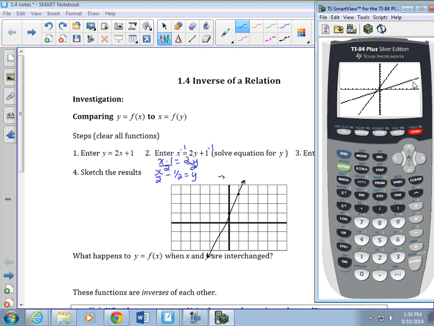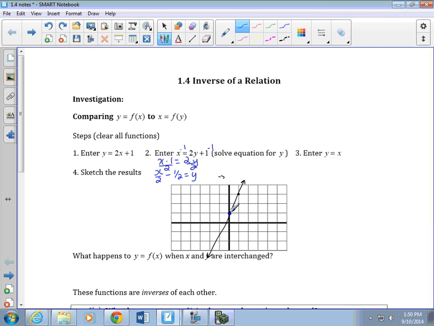So if I sketch my results here, for y is equal to 2x plus 1, my y-intercept is there. I went up 2 over 1. So there's what my graph looked like.